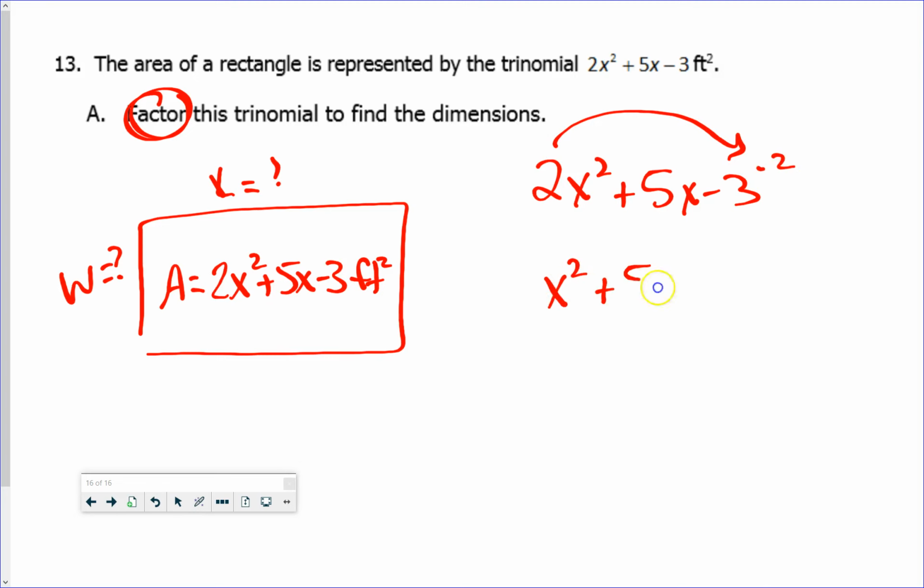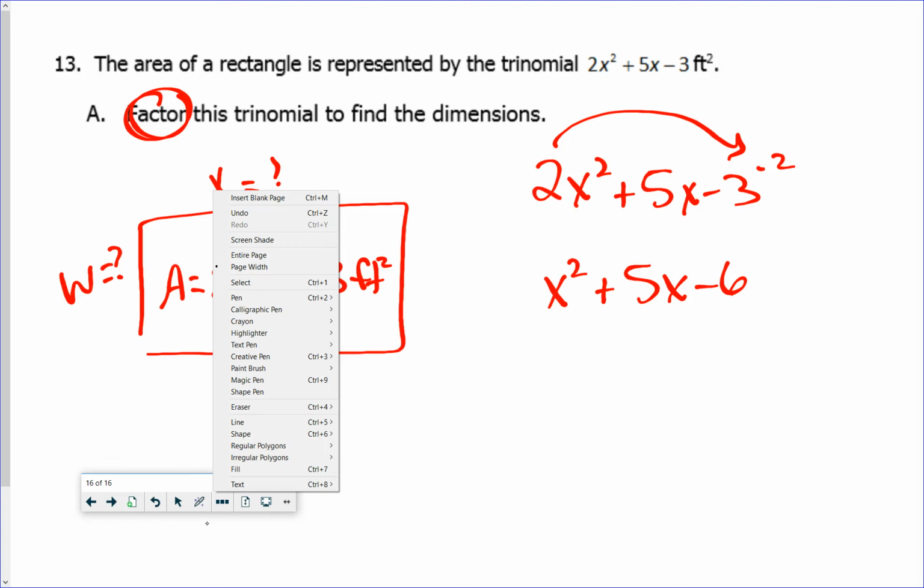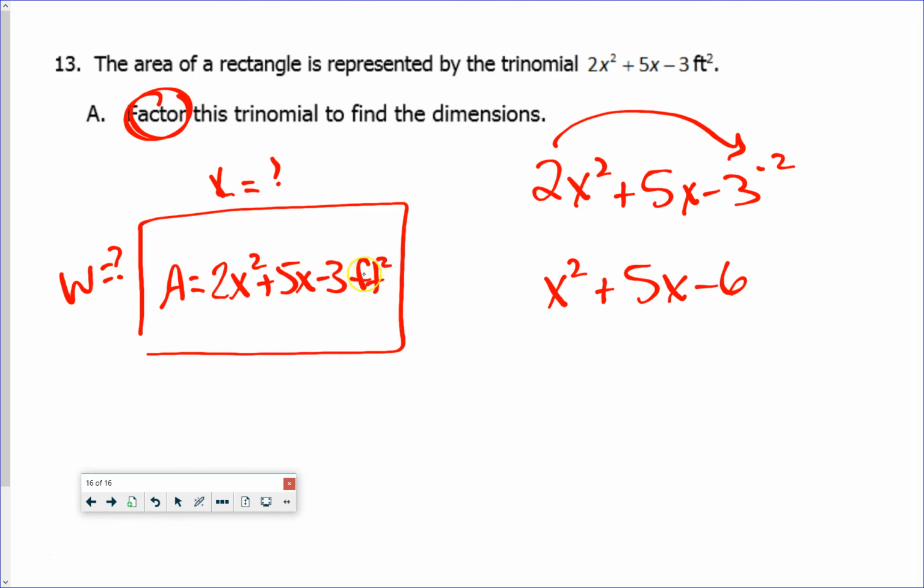I am. X squared plus 5x minus 6. It's feet squared because it's an area. Alright, so now we need to factor this piece.